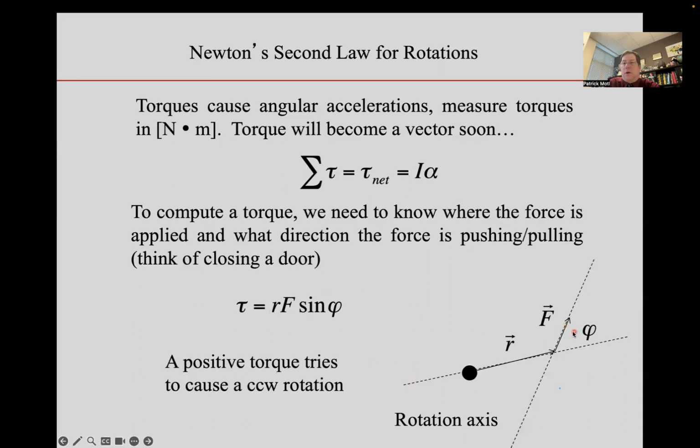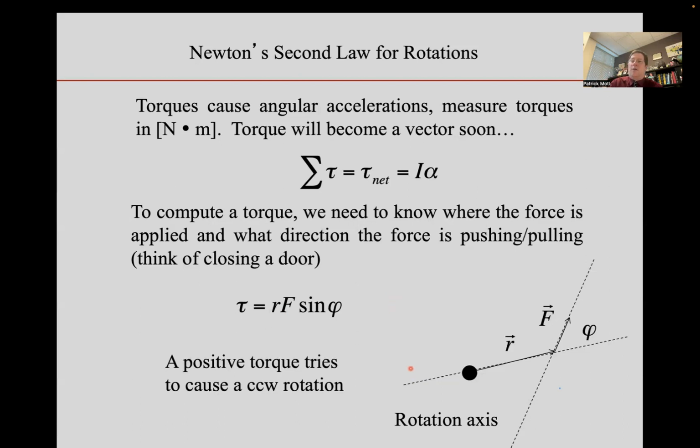Computationally, the torque caused by the force F is the magnitude of this position vector, so I have r, the magnitude of the force F, and the sine of the angle phi. And this angle phi is also this angle phi. We'll turn everything into a vector in a bit. We're just working with a fixed rotation axis at first. And so we just have a convention for signs.